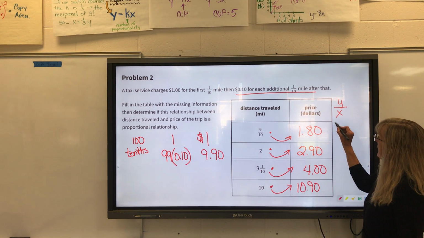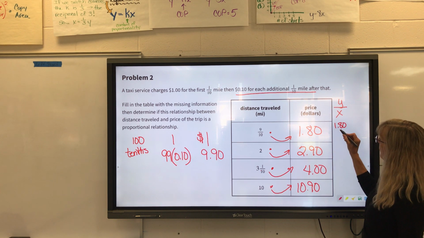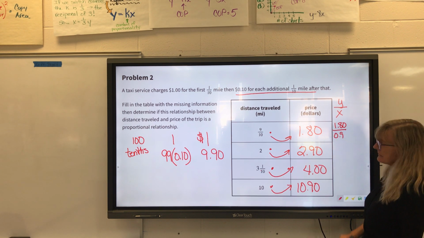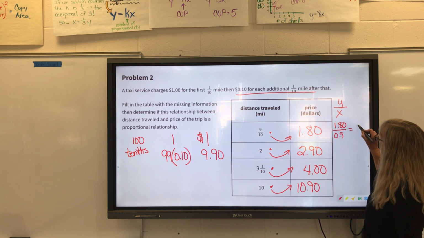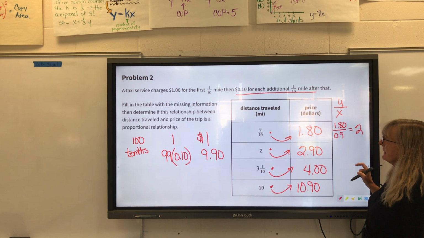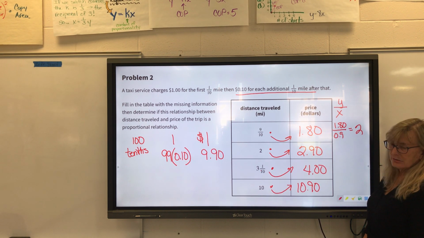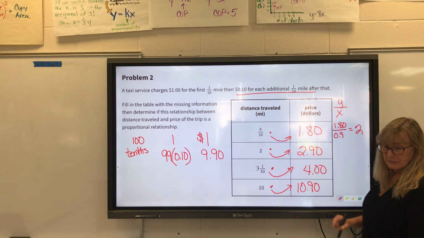All right, so we're going to take out our calculators because this looks pretty nasty. 1.8 divided by 9/10, which you could write this way and then it doesn't look quite so bad. What do you get? 2. Okay, so that is saying that the cost per mile is going to be $2 at this rate.